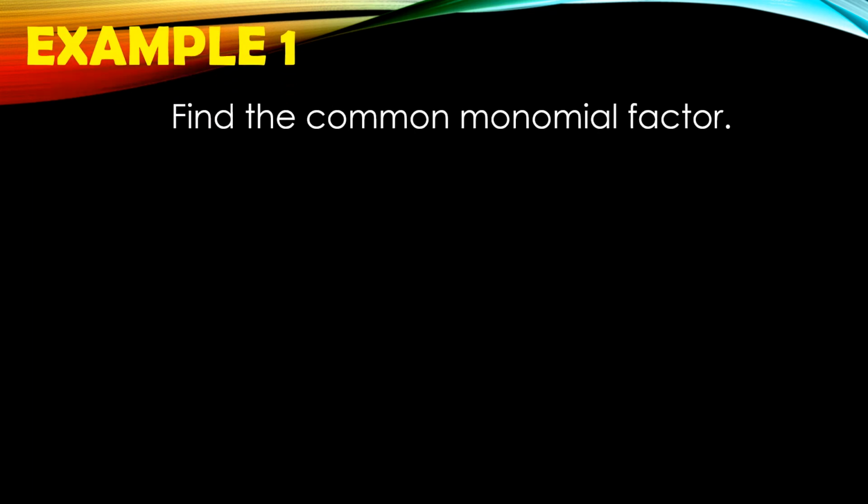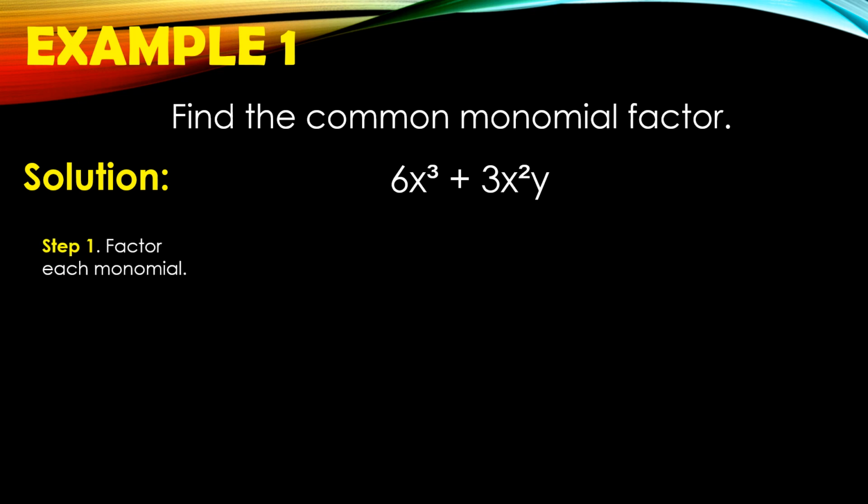Example number 1. Find the common monomial factor of 6x cubed plus 3x squared y. Solution. Step 1. Factor each monomial. The first monomial that we are going to factor is 6x cubed. So what are the factors of 6? 2 times 3.